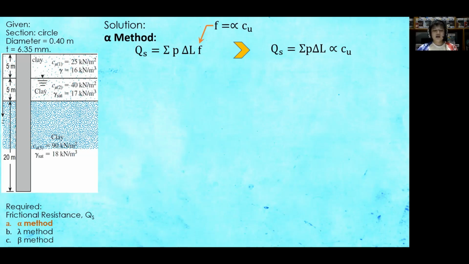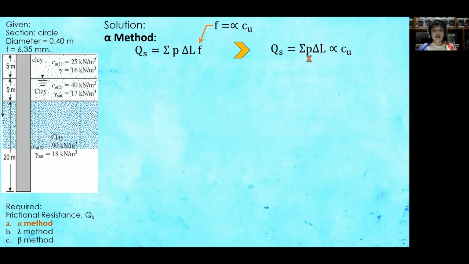For layers, it is better to present the solution in table form. Thus, assess first what are the varying parameters in the equation. First, P is constant, therefore it is not varying. Why? Because our section is constant with a diameter of 0.4 meter.